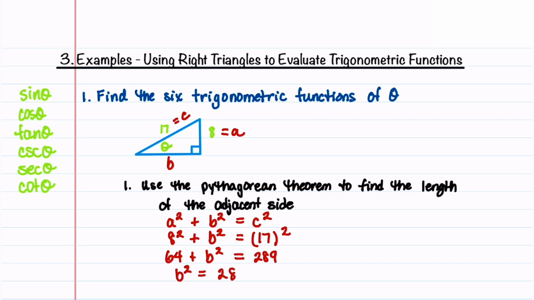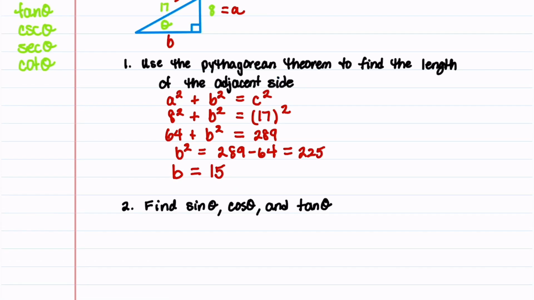So we have 289 minus 64, and that gives us 225, which is a nice number because the square root of 225 is 15. Let's go ahead and add B to our diagram. So B is equal to 15.